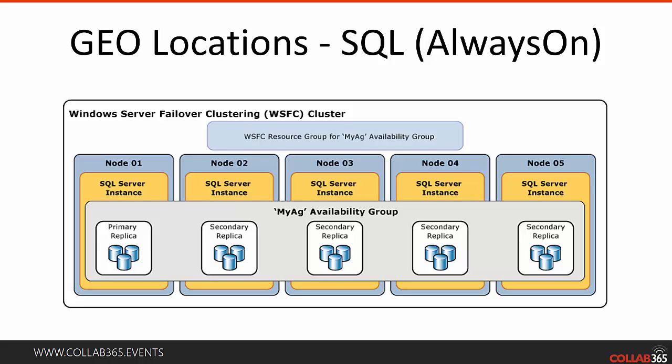SQL, always on. The always on availability group that was introduced in SQL 2012 is high availability and disaster recovery solution that provides an enterprise level alternative to database mirroring. No more database mirroring nowadays.